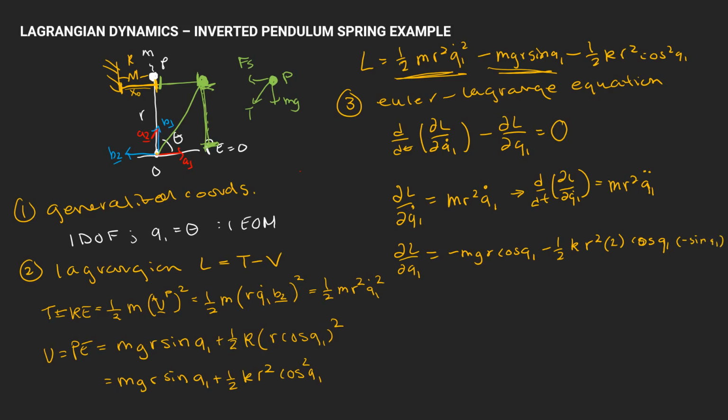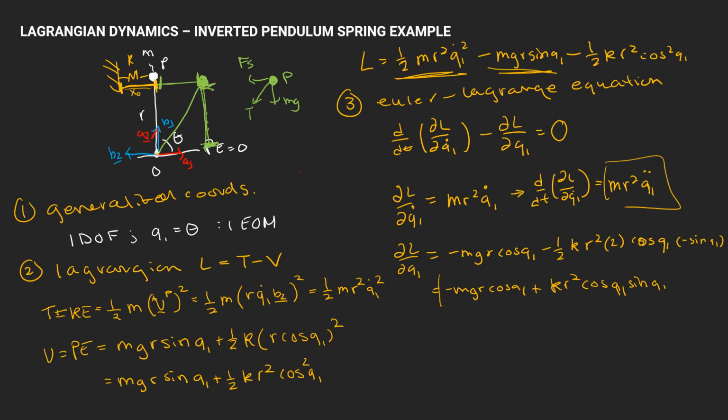And what that simplifies to is negative mgr cosine of q1, and then we have 2 minuses, so that becomes a plus, and the 2 and the 1/2 cancel out, so we get plus kr squared cosine of q1 sine of q1.